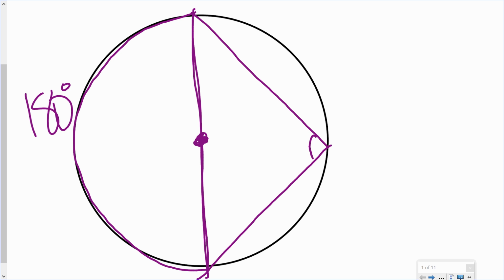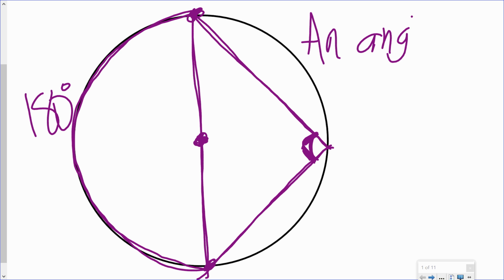So this angle intercepts this 180 degree arc. This angle intercepts a semicircle. And since an inscribed angle is half of the arc, half of 180 is 90, making this a right angle.